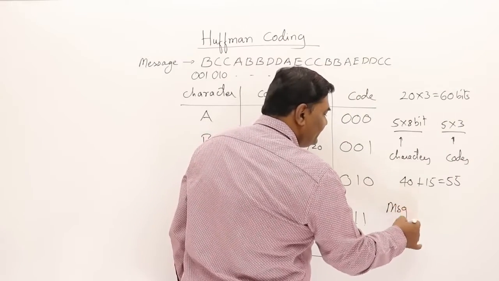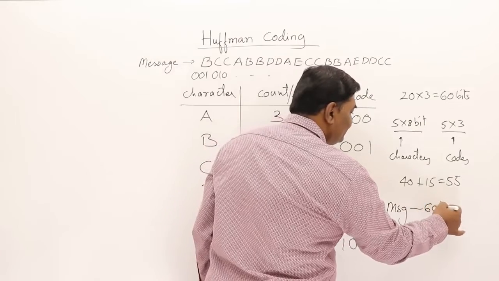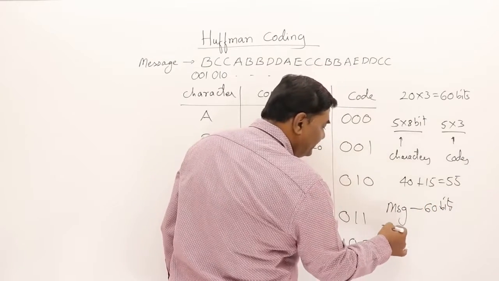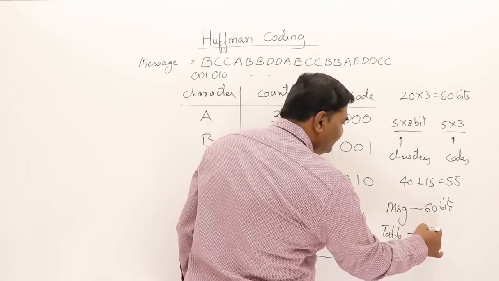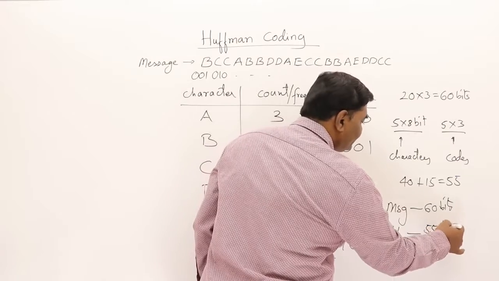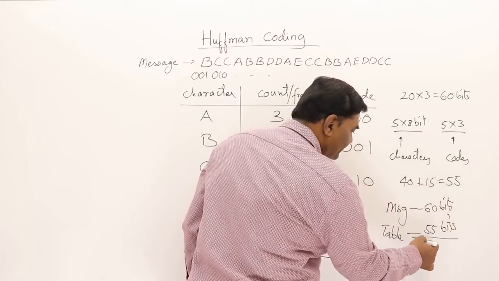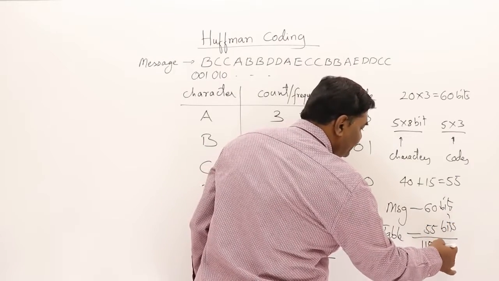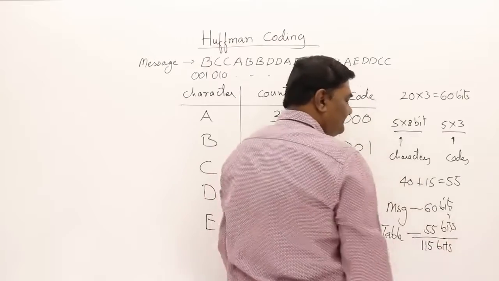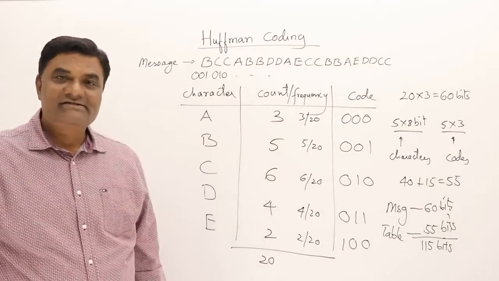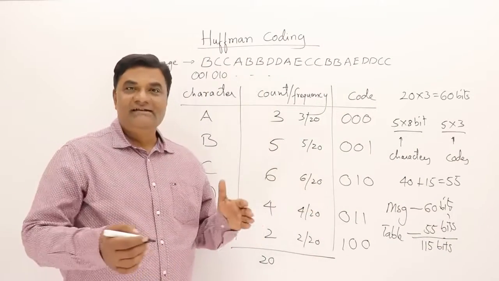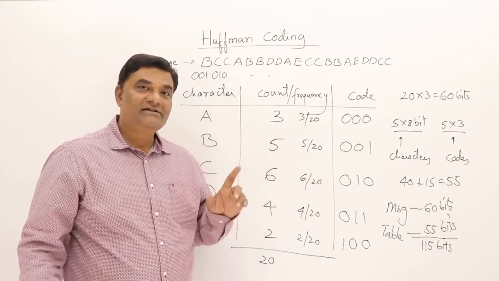So the message is 60 bits, right? And the table or chart of codes is 55 bits. So total how much will this be? 115 bits. Yes. So the total size of the message along with the chart is 115 bits.